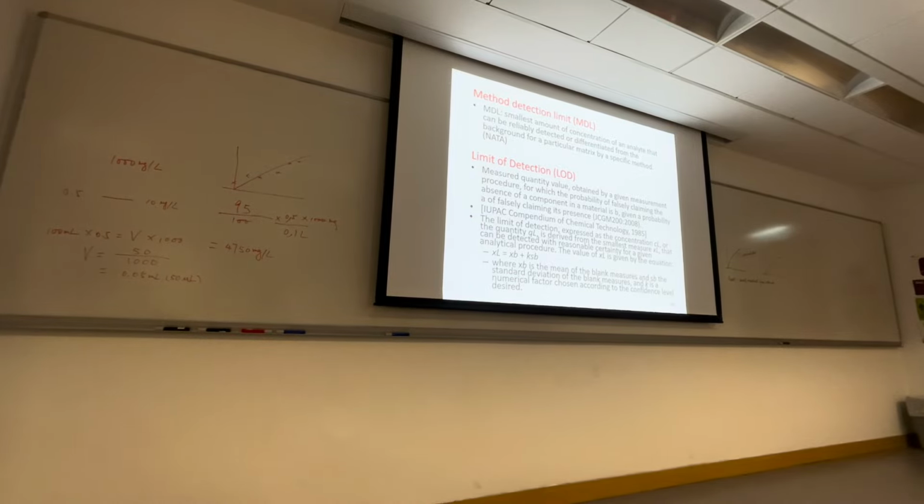But for method detection limit, the interference of the background is from all sorts of reagent you use, the glassware, the consumable that have been in contact with your sample during the sample preparation, okay? So there are lots more of reagent and consumable. So normally, the MDL will be higher than the IDL. So this is the difference between MDL and IDL.